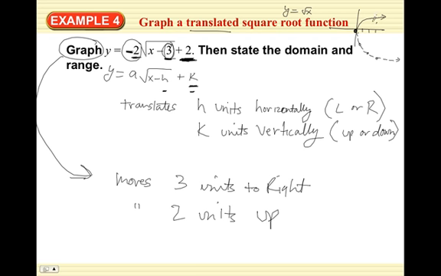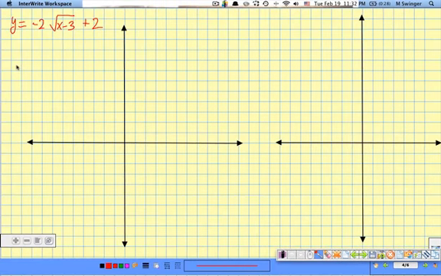Okay? So let's look at it over here. The normal one is this. That's the parent. This one, which is the problem I was just working on, is first off you have to graph y equals -2 root x, and then you just translate this and this.